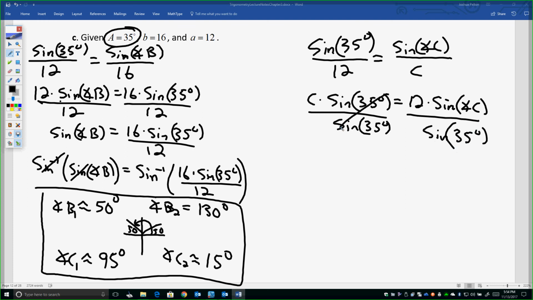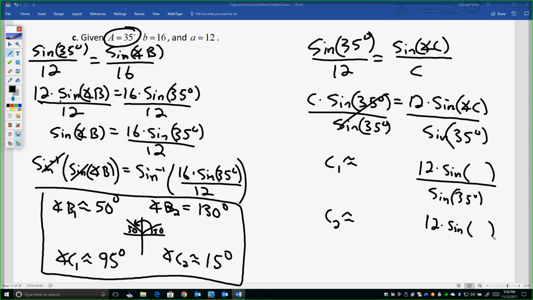So C1 and C2. In the first case, it's going to be 12 times sine of something over sine 35. In the second case, it's still going to be 12 times sine of something over sine of 35. The difference being we have 2 angle C's. The first angle is 95, and the second one is 15, because we have 2 different triangles.